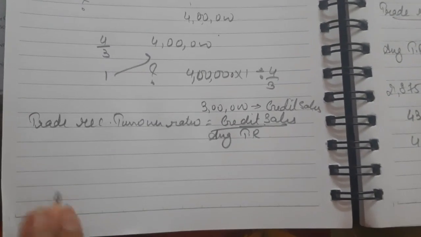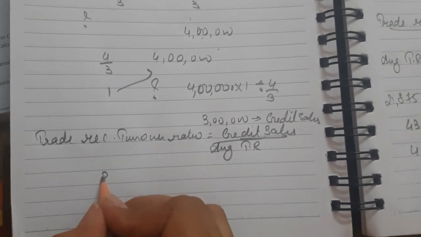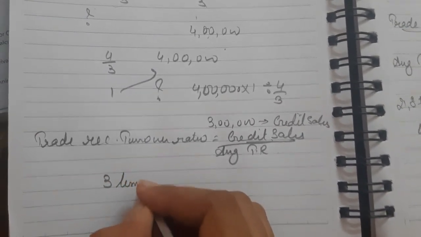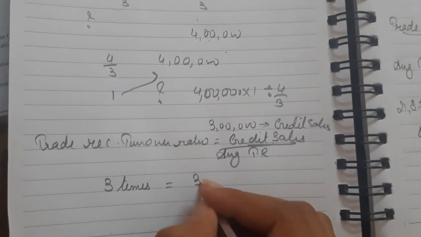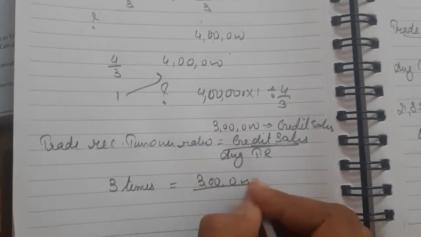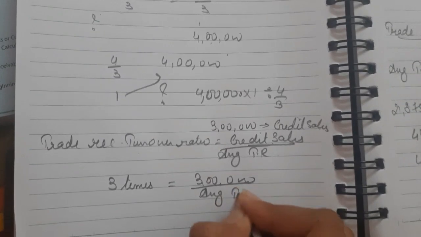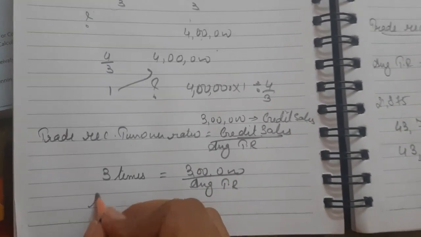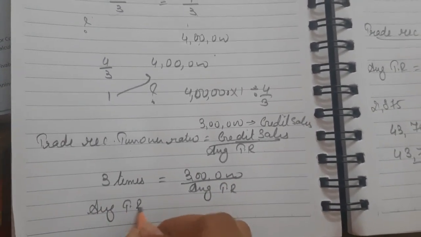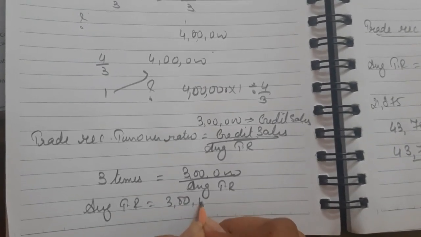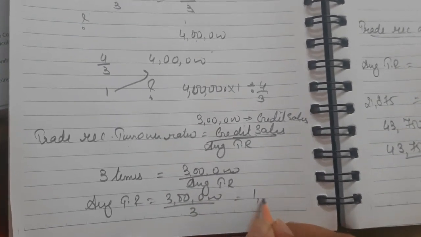This trade receivable turnover ratio is already given to you as 3 times, equal to credit sales you got as 3 lakh divided by average trade receivables. So you'll get your average trade receivable as 3 lakh divided by 3, that is 1 lakh.